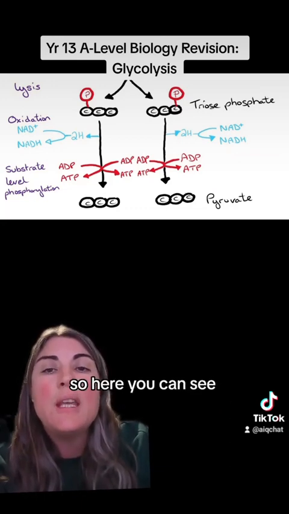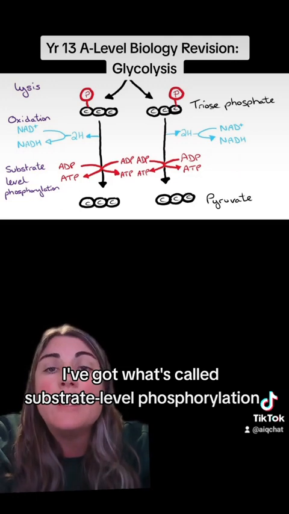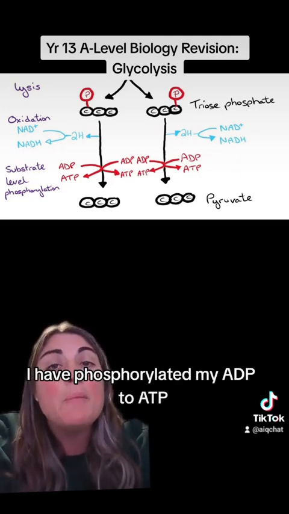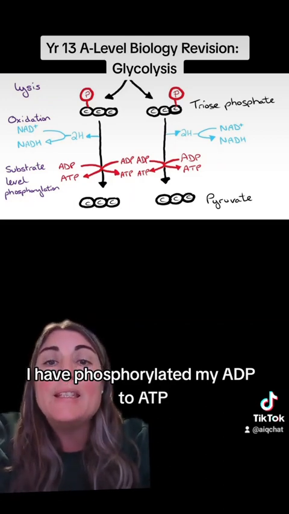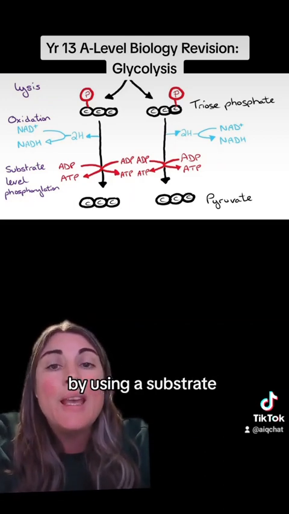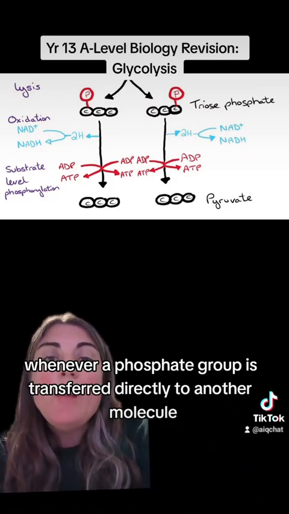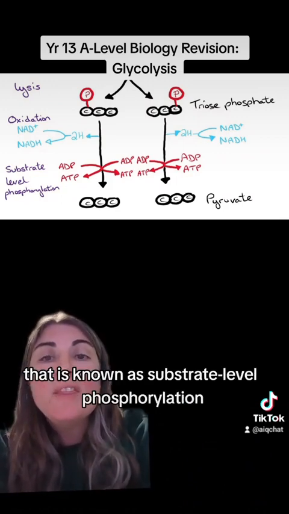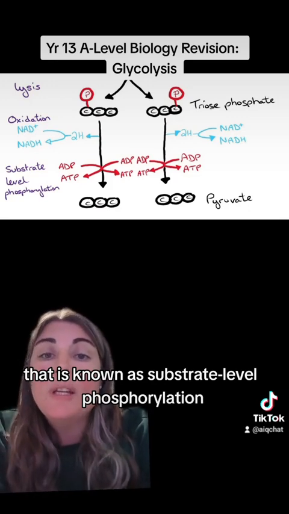So here you can see I've got what's called substrate level phosphorylation. I have phosphorylated my ADP to ATP by using a substrate. Whenever a phosphate group is transferred directly to another molecule, that is known as substrate level phosphorylation.